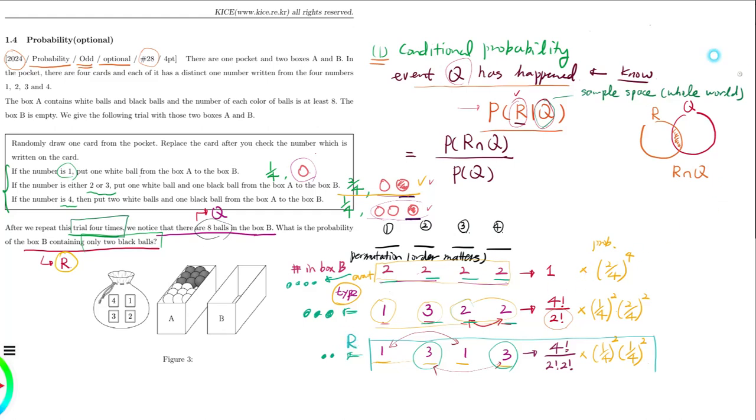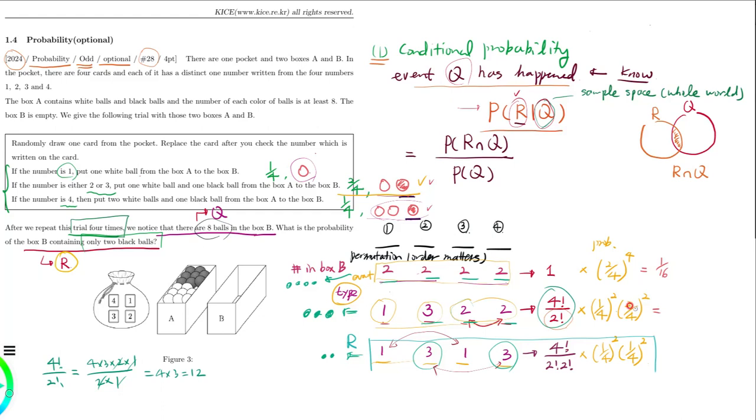Okay, so if you compute these whole things, it's 1/16. And this is 4 factorial over 2 factorial, which is 4 times 3 times 2 times 1 over 2 times 1, so they are cancelled out. 4 times 3 is 12.